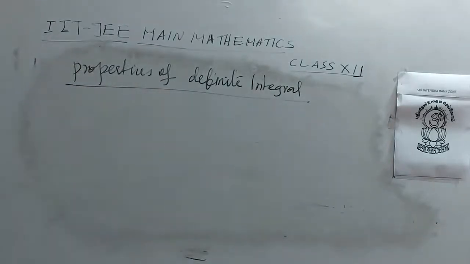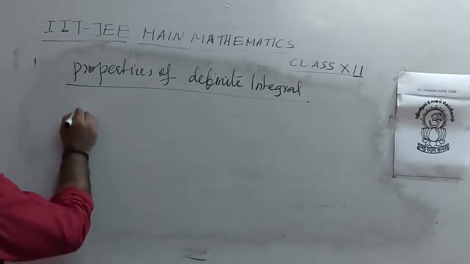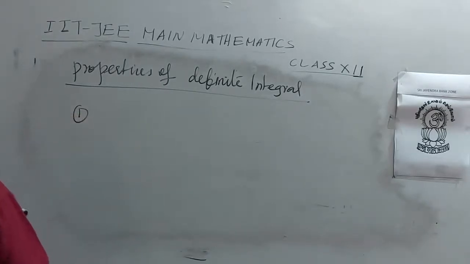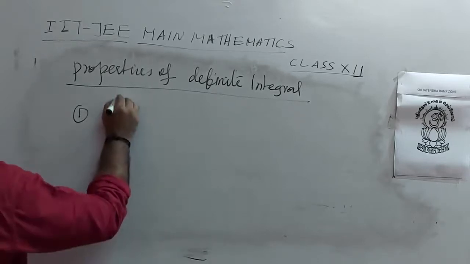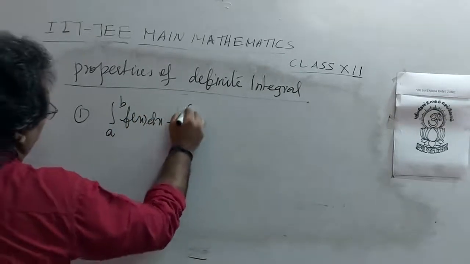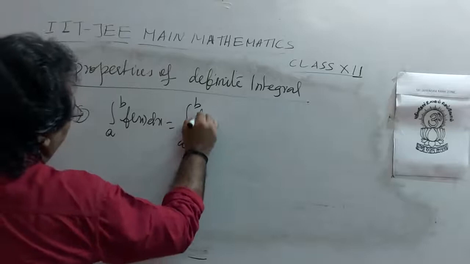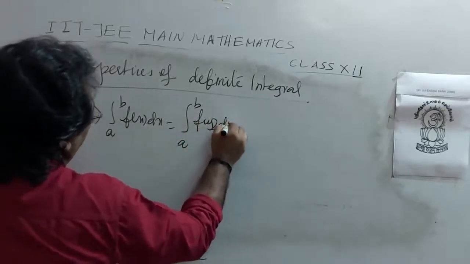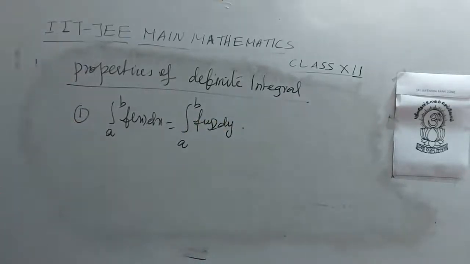So next we are going to see the properties of definite integral. Integral a to b f of x dx equal to integral a to b f of y dy.